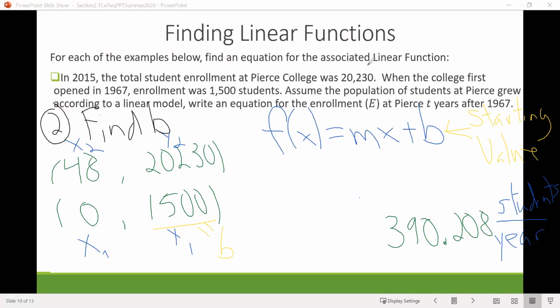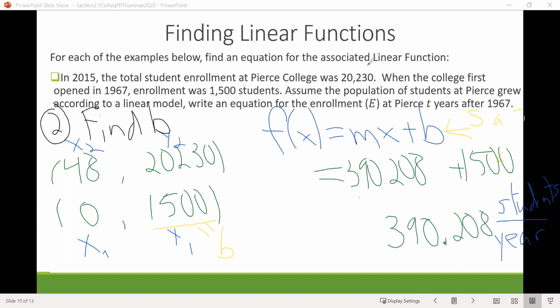Okay, so our equation then: we know the value for m is 390.208, and we know the value for b is 1,500. And then we fill in our variables. However, pay attention that in the problem, they did not tell us to use x's and f of x's.